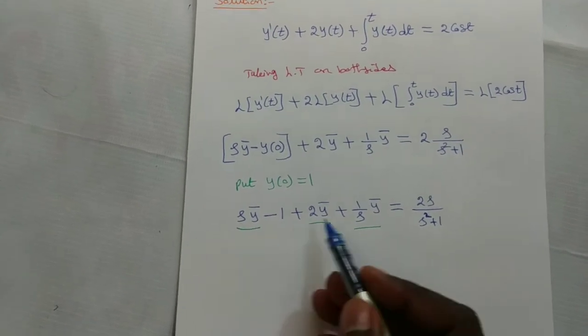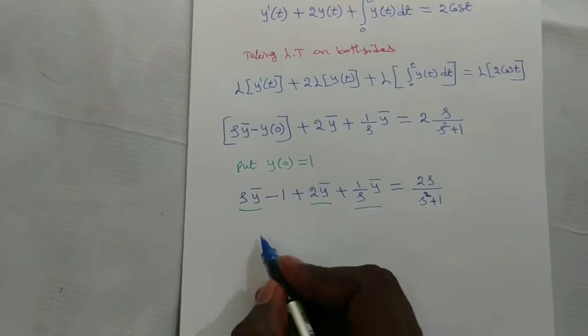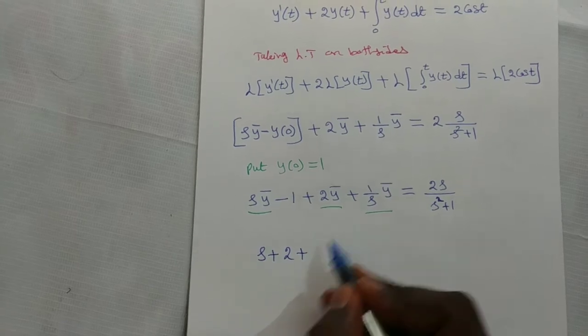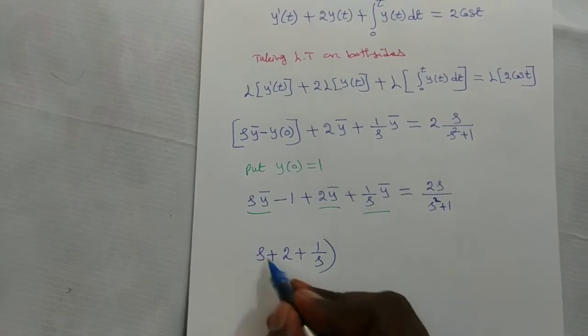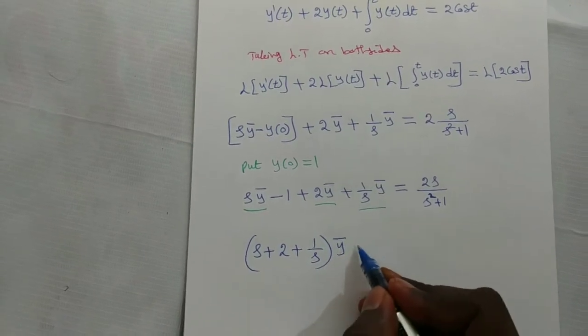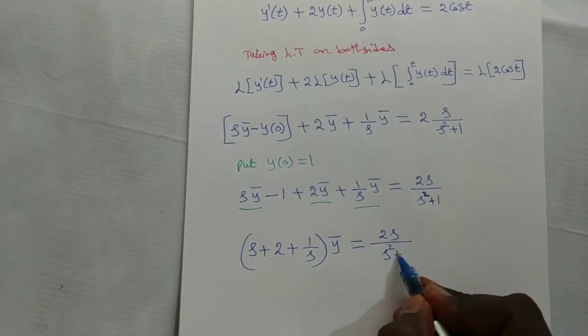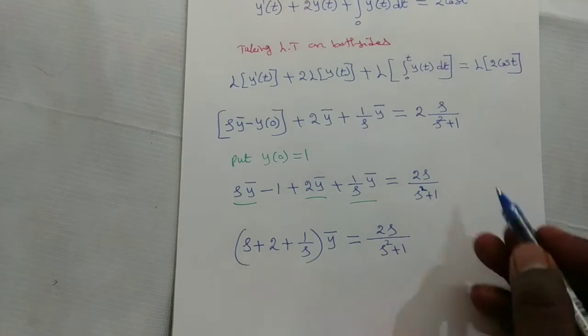So all the remaining terms, we can take y bar outside, so (s + 2 + 1/s) y bar equals 2s/(s² + 1) plus 1, taking the minus 1 to this side.